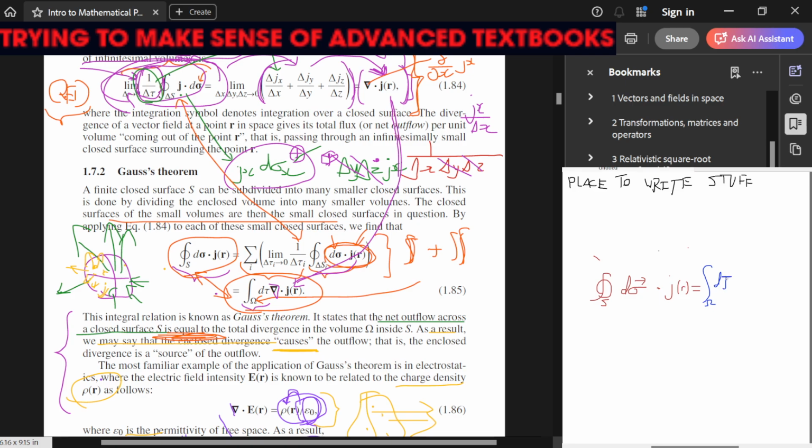Is this the correct way? Tau looks like a J, probably not. Maybe it's this way. Divergence dot JR. Okay.